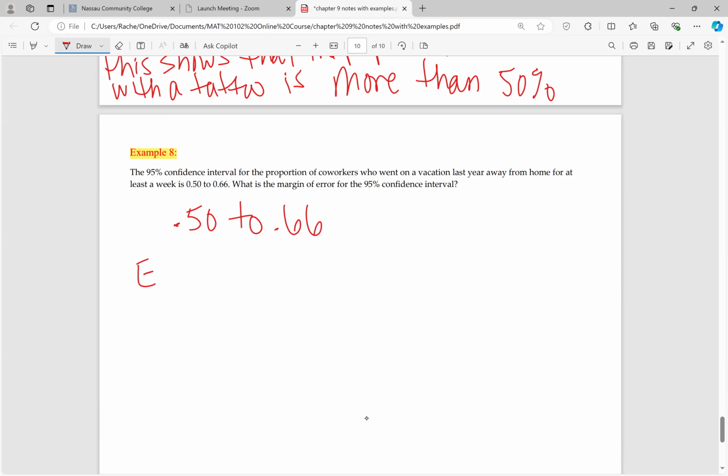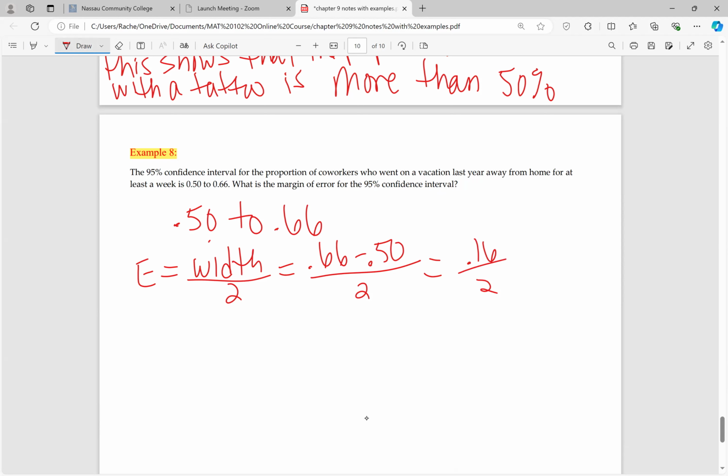And the margin of error is just 1/2 the width, right? So the width is going to be 0.66 minus 0.50 divided by 2. So we're going to get 0.16 divided by 2, which is 0.08. So the margin of error in this case is 0.08, 1/2 the width of the confidence interval.